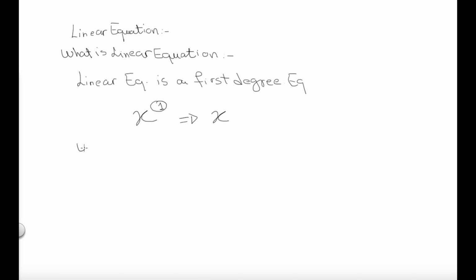But we could ask ourselves, why linear? The word linear comes from line. They call it a linear equation because when we graph it, we will get a line.